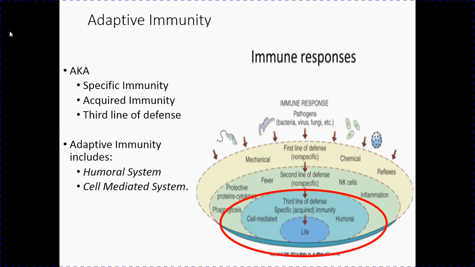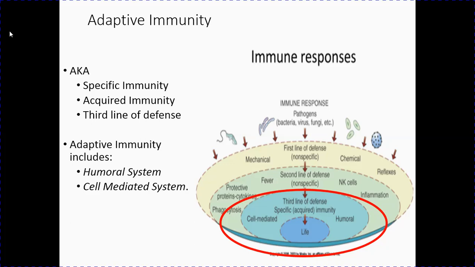And in this second line of defense, still very non-specific, pathogens can be found in blood and tissues, and they get subject to destruction by those non-specific actions of phagocytic cells, inflammatory responses like fever, inflammation, the action of natural killer cells, and also those protective proteins that we saw, like acute phase reactants.